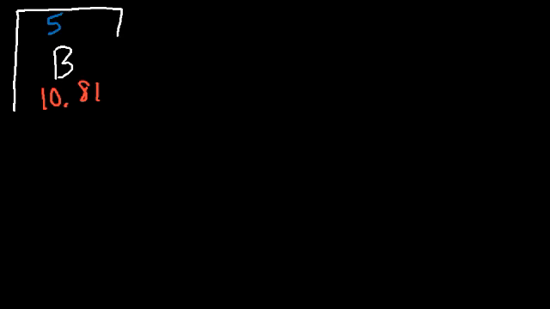Now, what about boron? Boron has an average atomic mass of 10.81, and it's element 5 on the periodic table. Now, boron has two principal isotopes, boron 10 and boron 11.